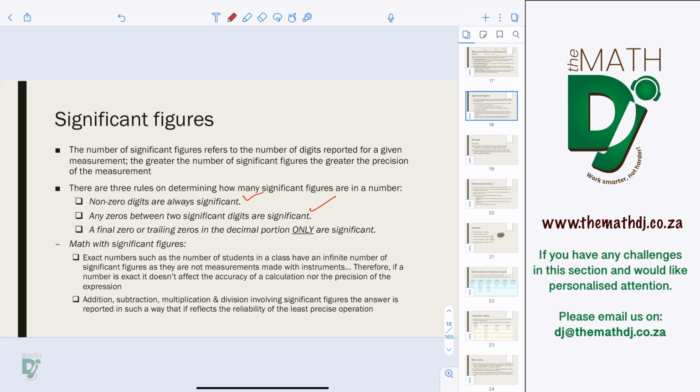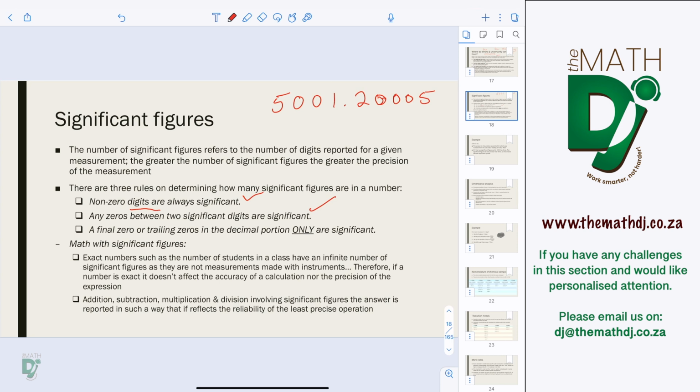So when you say non-zero, let's give an example, like 5001.20005. What we are saying is that any non-zero digits are always significant, which means any number which is not 0 is significant. Any zeros between 2 significant digits are significant.